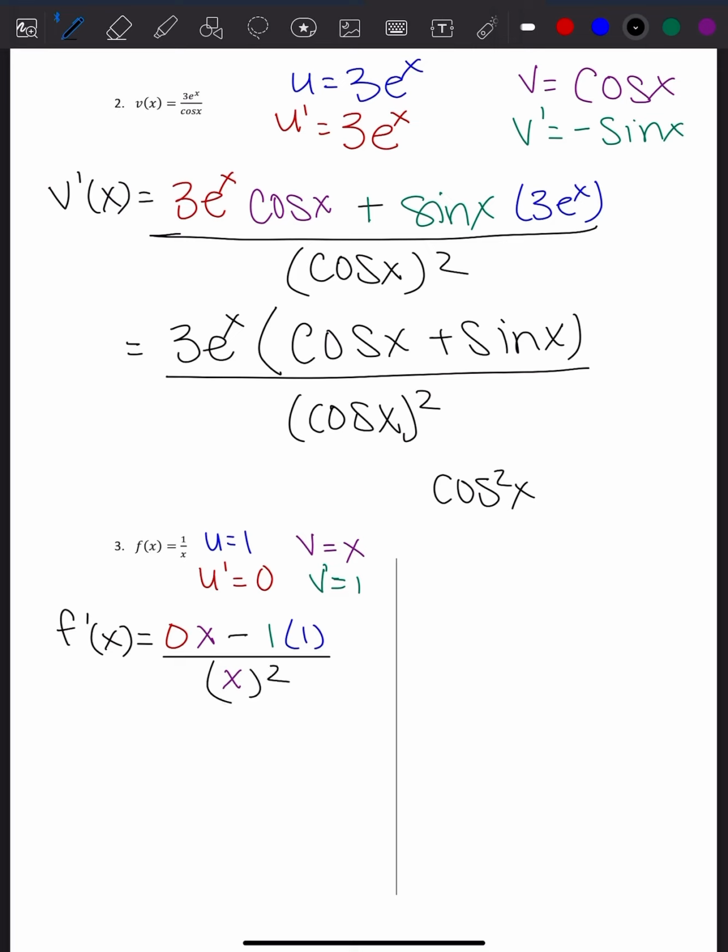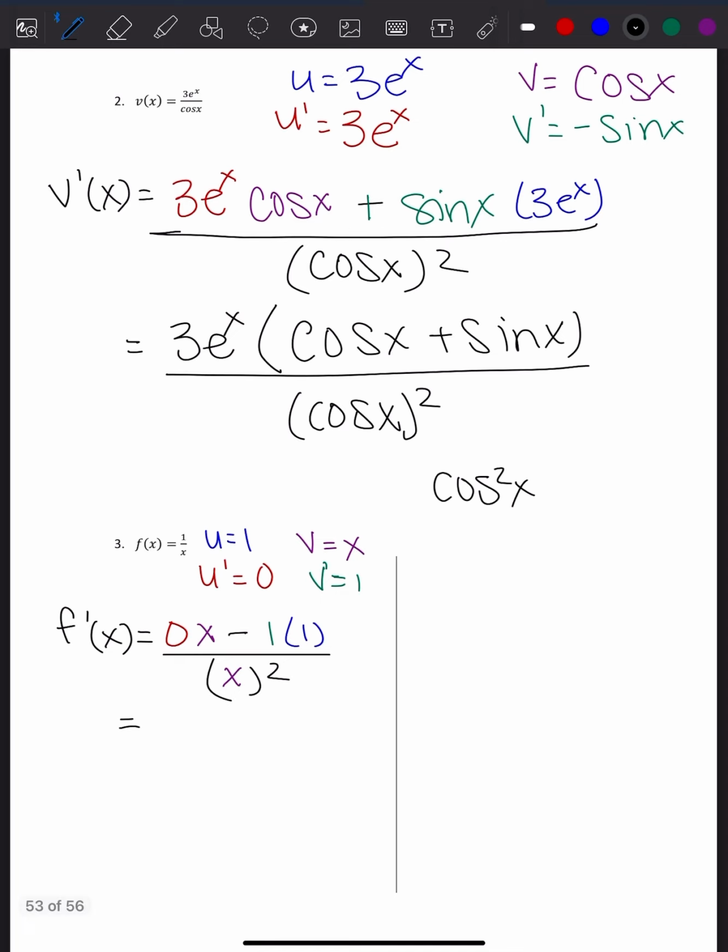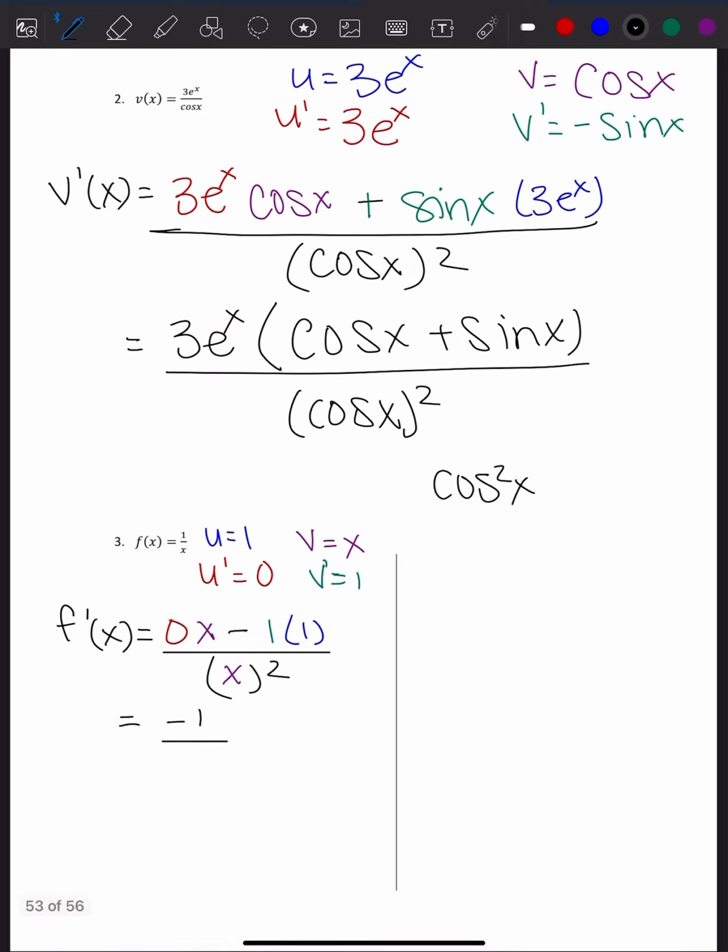So if we were to simplify this one, 0 times x is 0, 1 times 1 is 1. So if I simplify what we have at the top, we just have negative 1, divided by x squared. So negative 1 over x squared is the answer to this problem.